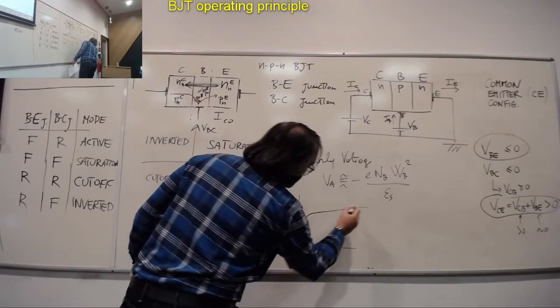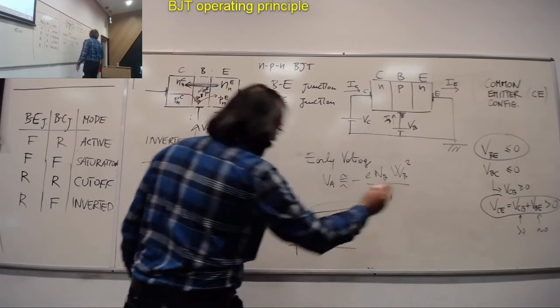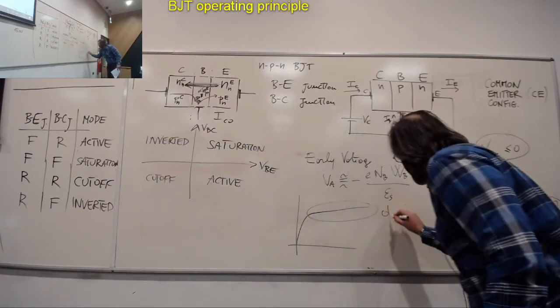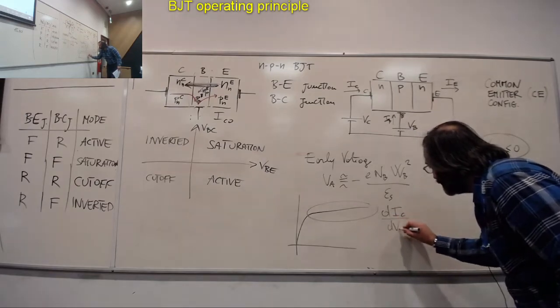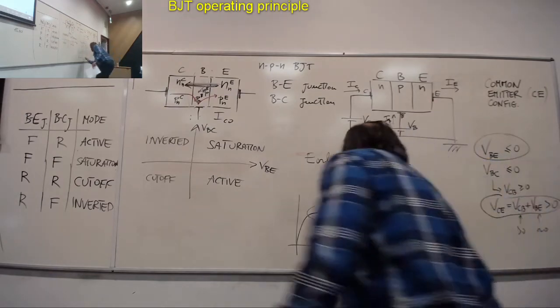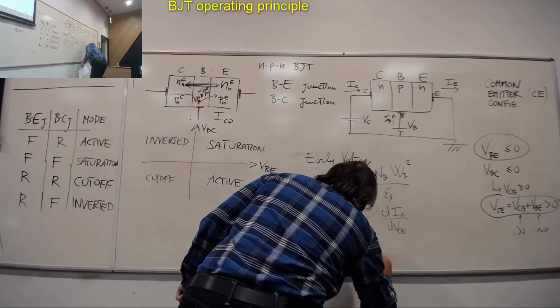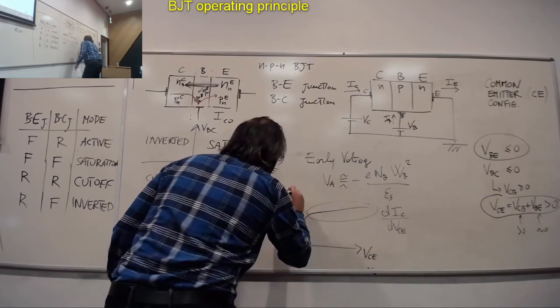So what we are saying is that in this region there is a slope, which we could indicate as dIC over dVCE. So this is VCE, IC.